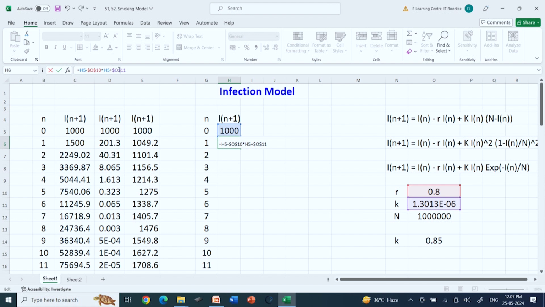So, I put a $ sign, k times I n, which is this value, multiplied by n, which is a constant, minus I n.